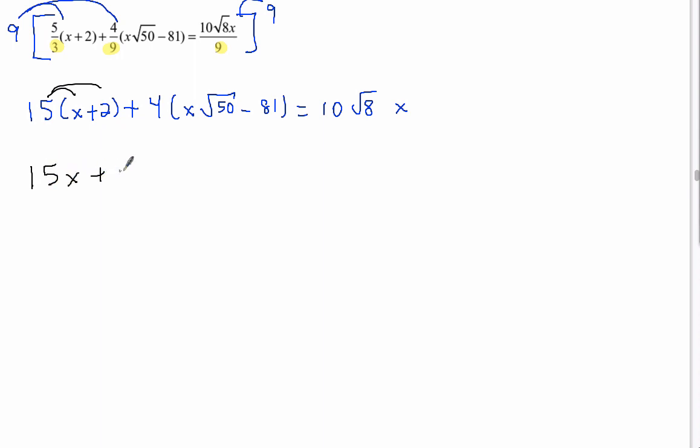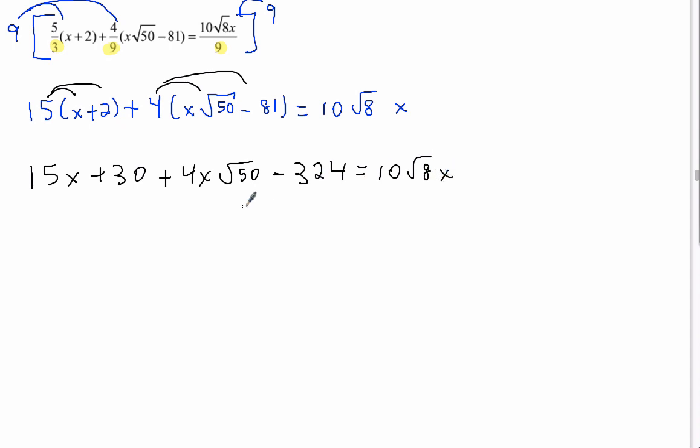15x plus 30 plus 4x root 50 minus 4 times 81 is 324 equals 10 root 8 and x. Okay.